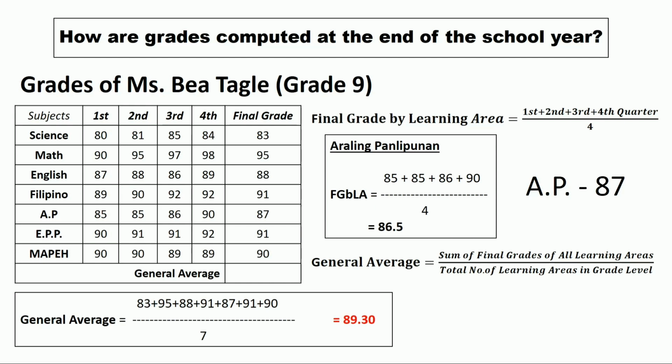The total general average of Miss Bea Tagle for her grade 9 level is 89%. That's how we compute the grades of our students at the end of the school year.